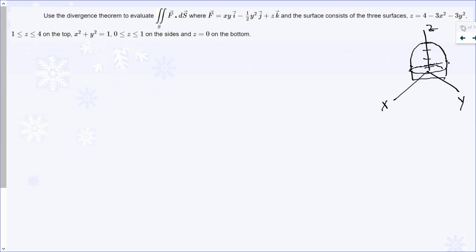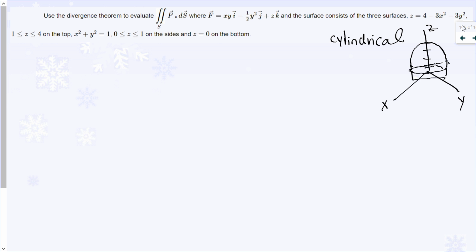All right, what coordinate system do you think we should use for our triple integral? Yeah, in 3D, we're going to call that cylindrical, which is just polar with a z. So z on the bottom is bounded by the xy plane.